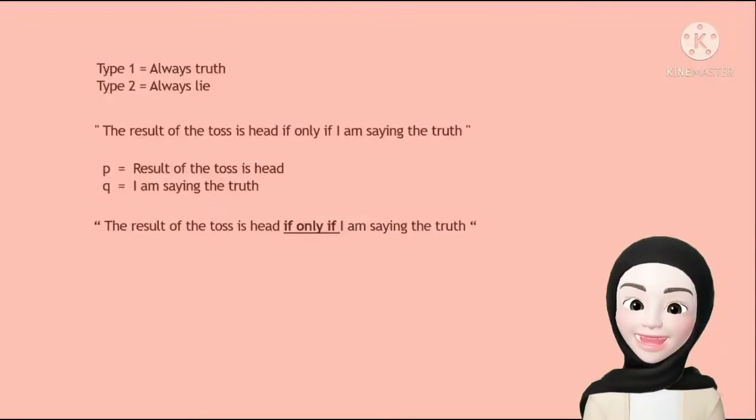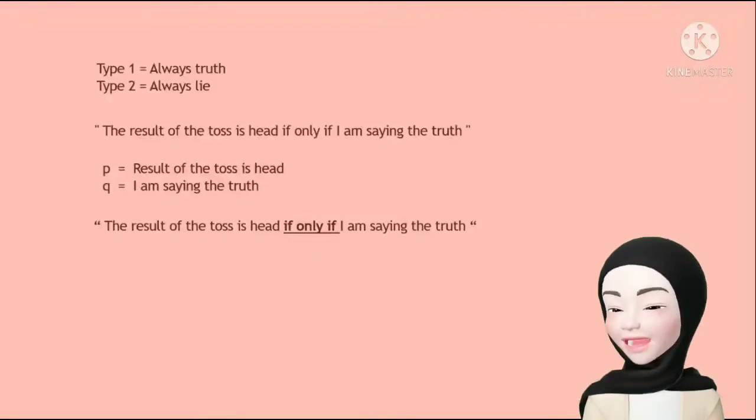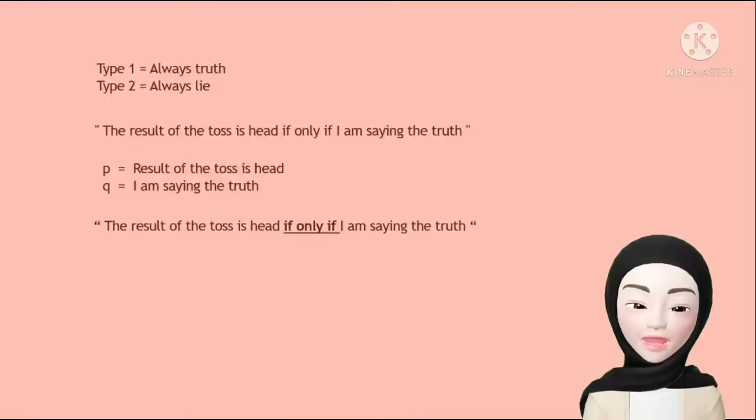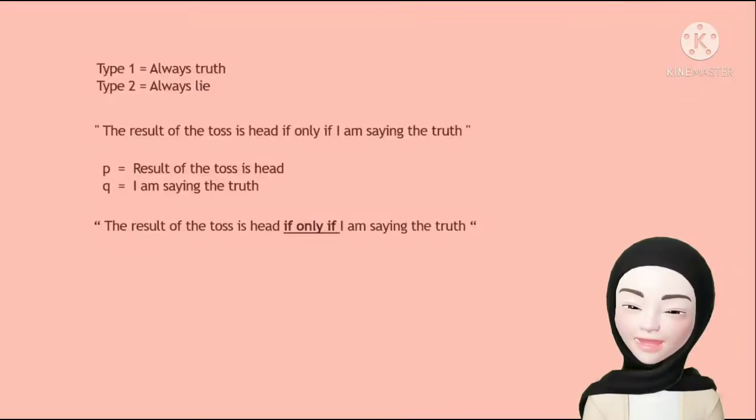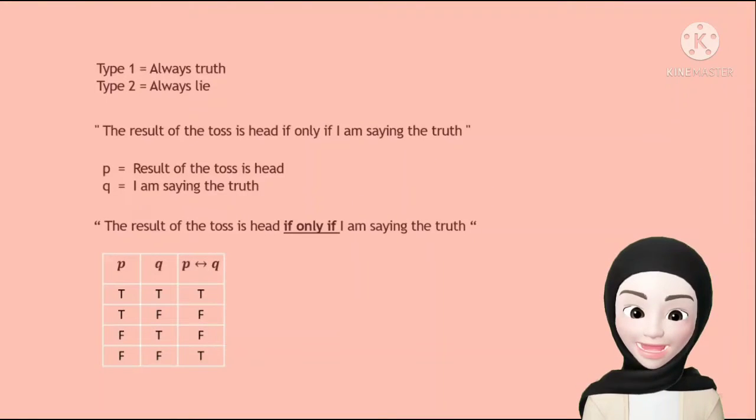In propositional logic, there is the phrase if and only if. If and only if means that the propositional logic is a conditional statement. And then we should make the truth table of the conditional statement. So this is the truth table of the conditional statement.